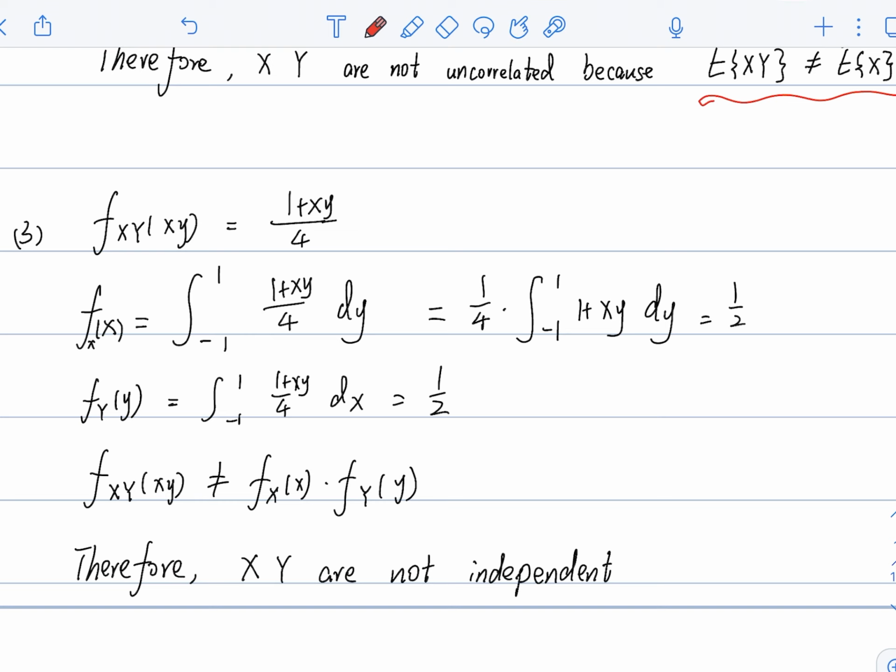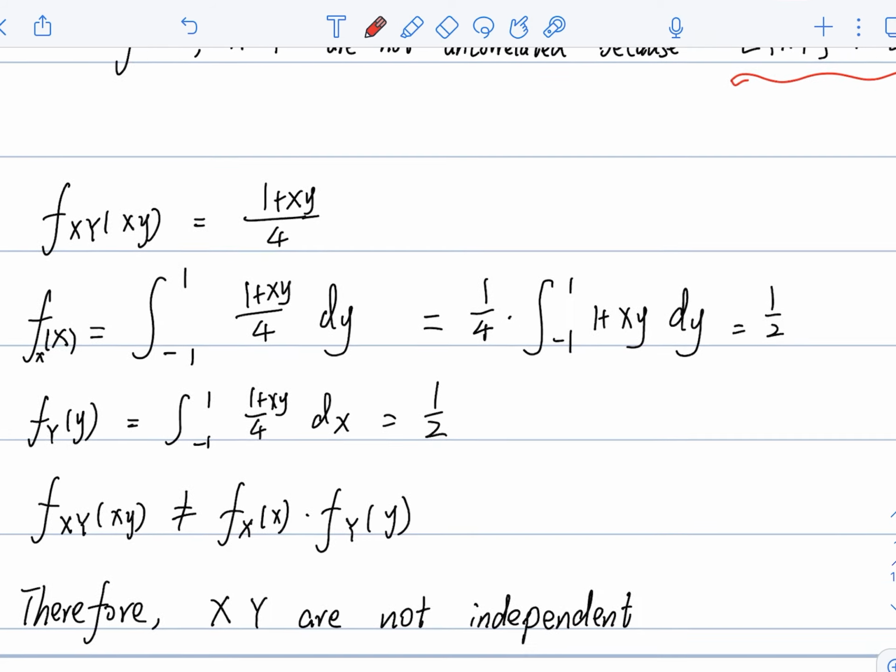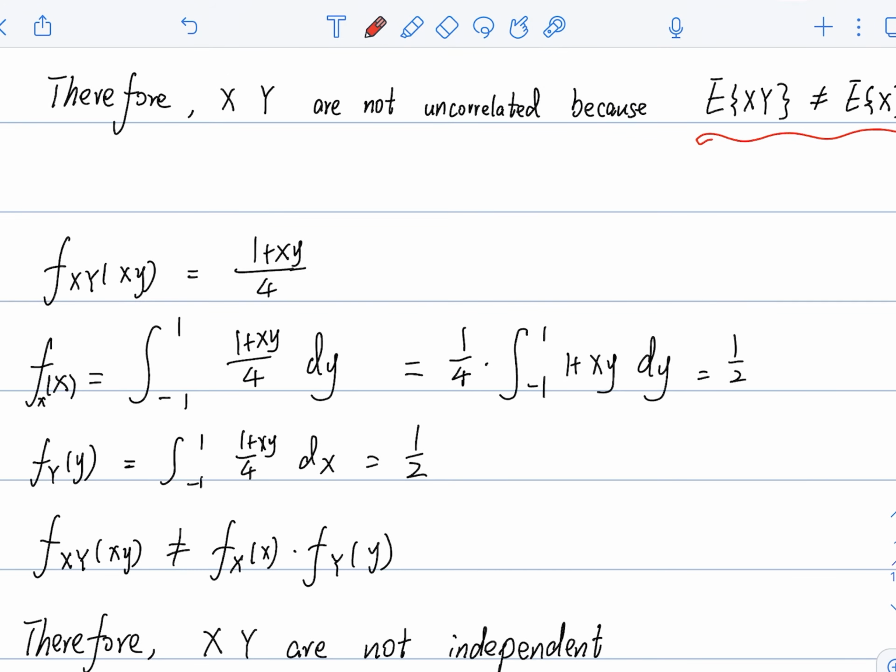The third question asks whether X and Y are independent. For independence, we need to check whether f(x,y) is equal to f(x) multiplied by f(y).